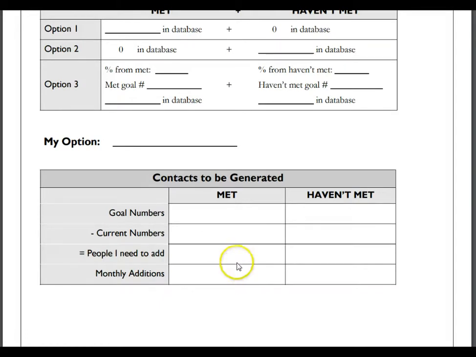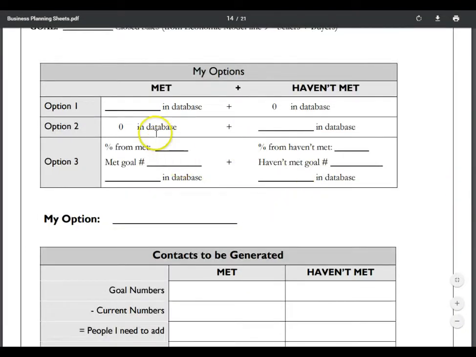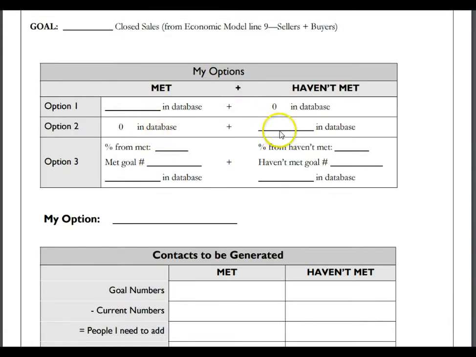So you might have bigger goals than this. You might have a smaller database if you're a new agent, but that's how you would calculate this. So you would take the number of transactions you want, multiply it times the 12, and divide by 2, and that's how many people you need to hit those transactions. With the not mets, you would take the transactions you need.